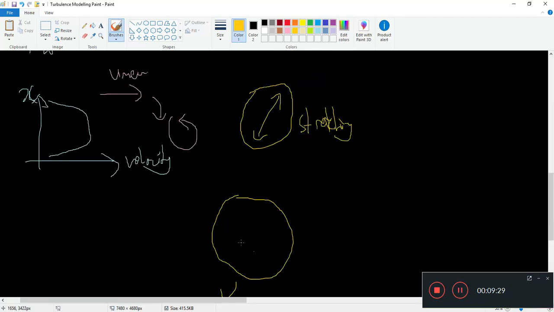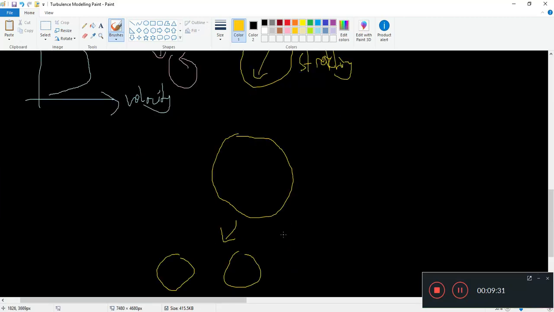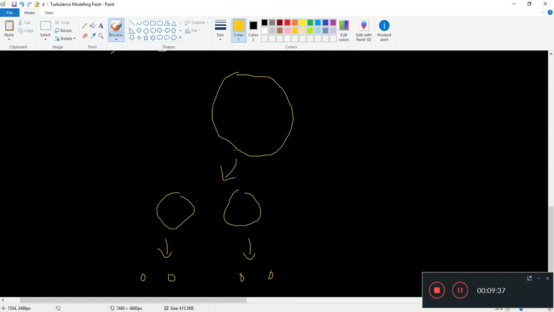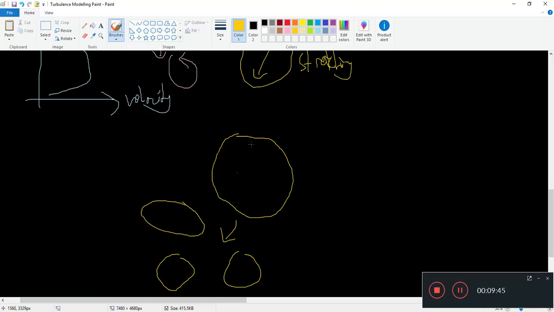This is very similar to how an eddy is dispersed. You have a big eddy, and then the big eddy stretches, it will deform, and it will break up into smaller eddies.